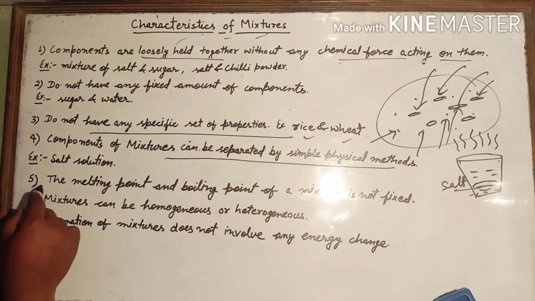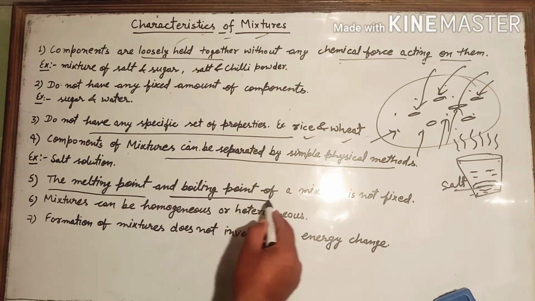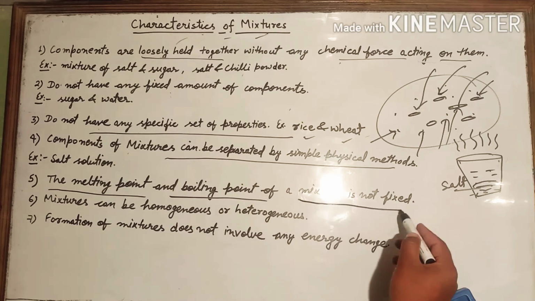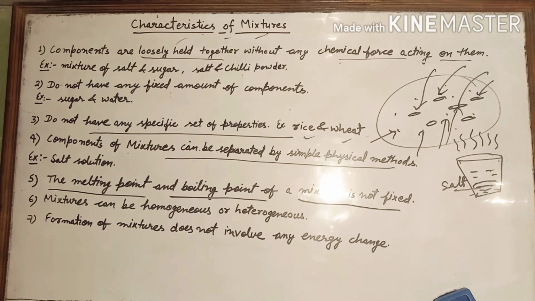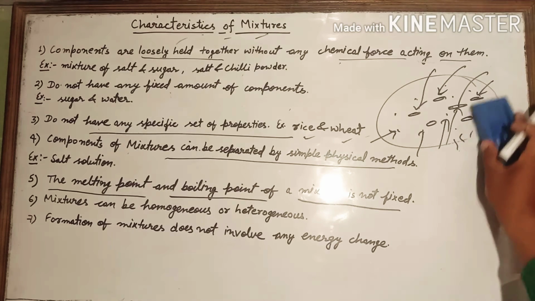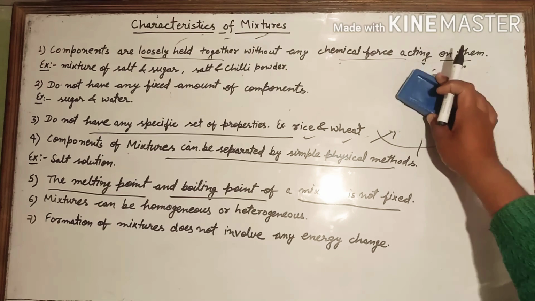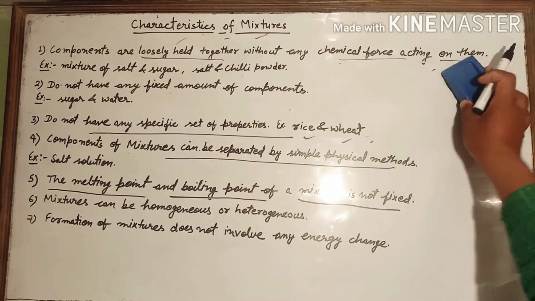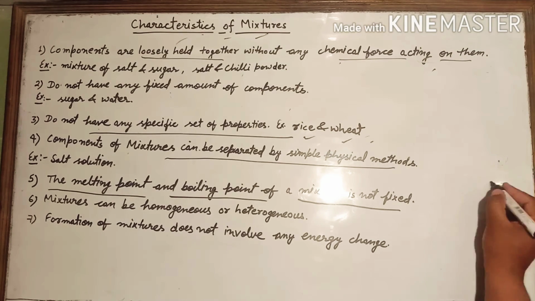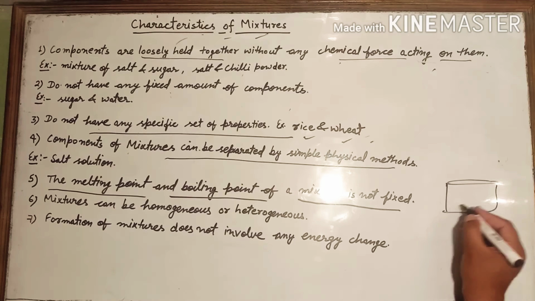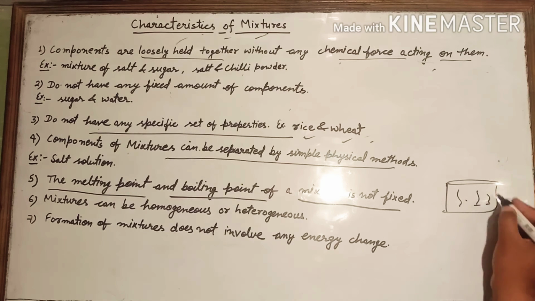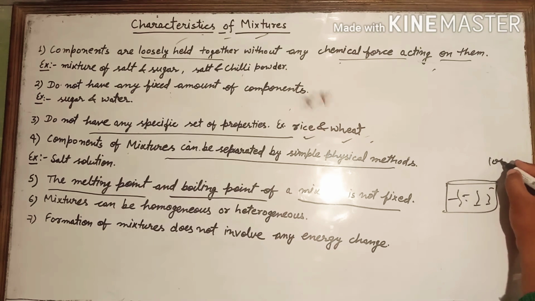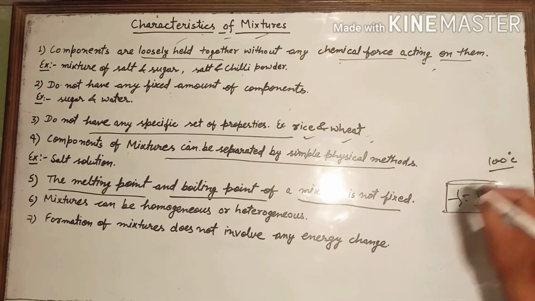The next one: the melting point and the boiling point of mixtures are not fixed. What will happen if we take water in this vessel? What is the boiling point of water? That all you know, it is 100 degrees Celsius.